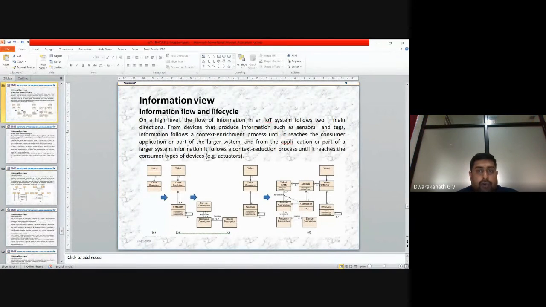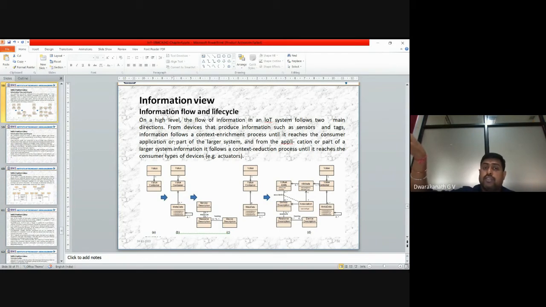From devices that produce information, my sensor here, assume a moisture level sensor, it's giving a moisture level. Once it has given a moisture level, information follows a context enrichment process until it reaches a consumer application. When the moisture level crosses 550, once it is greater than 550, that means the dryness is more.